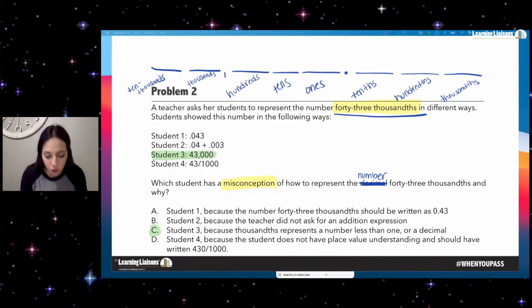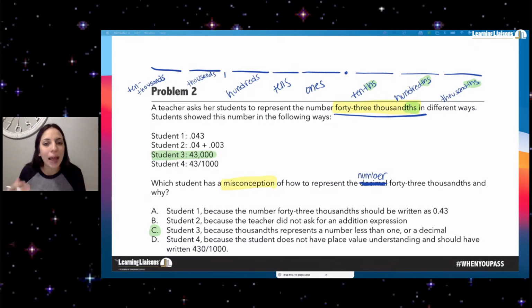Now, what I want you to notice is on this side of the decimal, they all have a th at the end. So that should clue you in that the number is less than 1, which means it's a decimal, which means that student 3 is the one with the misconception because they're the only ones that are wrong.